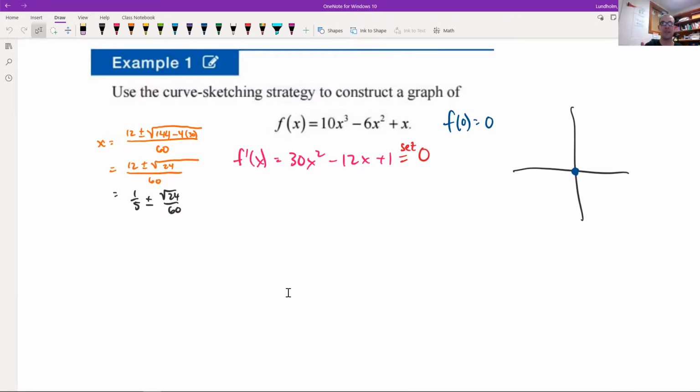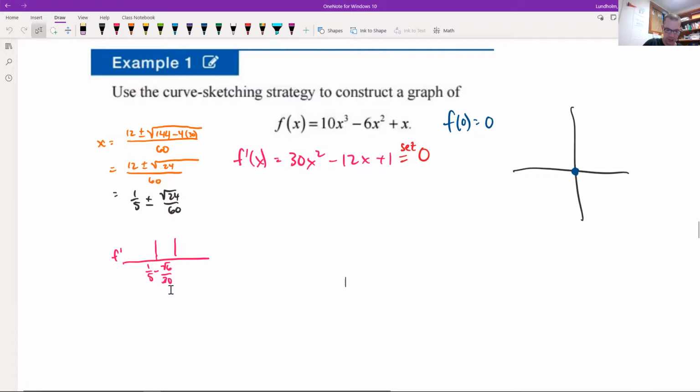As far as the first derivative test goes, let's keep it pink. And we would say, yeah, this is 1/5 minus, all right, if we pulled out a square root of 4 here, we would have 2 times the square root of 6, which means this is the square root of 6 over 30. So yeah, 1/5 minus the square root of 6 over 30 is the first one.